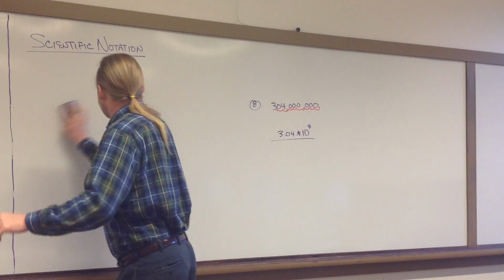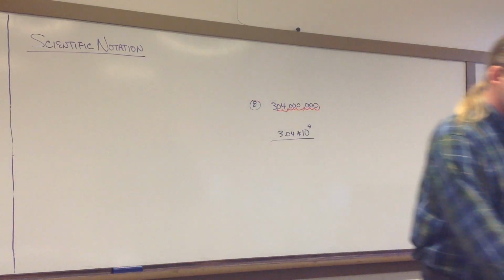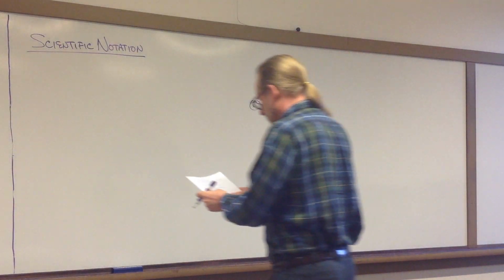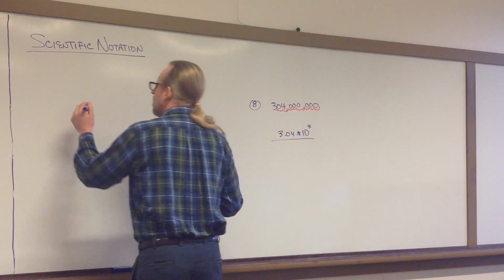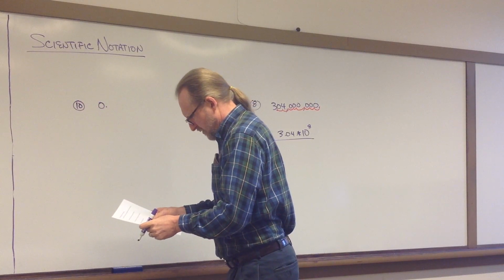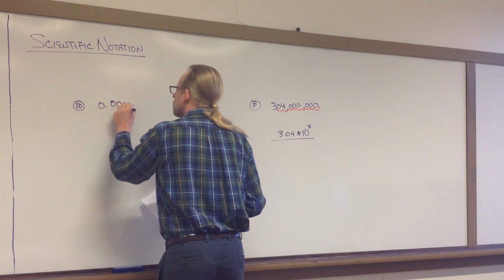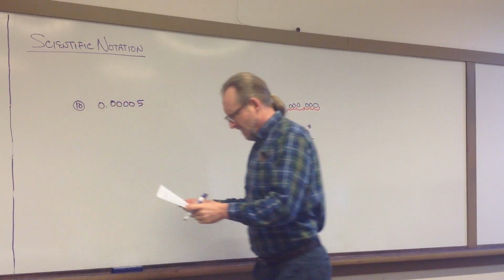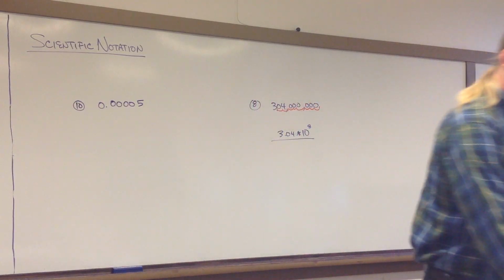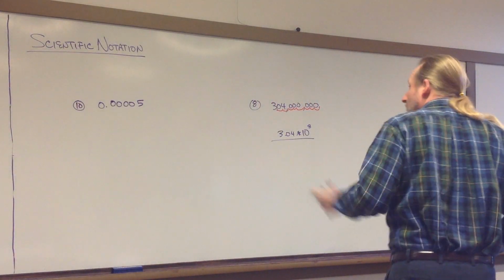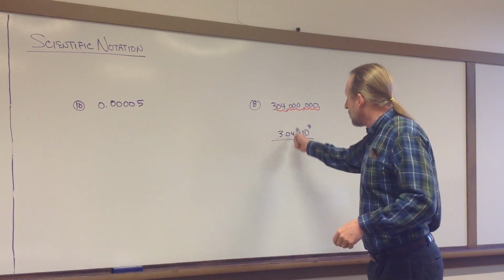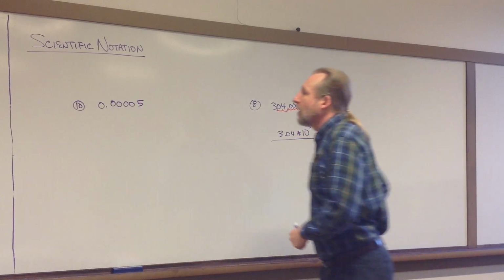Now let's look at a couple more. Problem 10 gives us a very small number. Let's see what we've got here. 1, 2, 3, 4 zeros, and then a 5. All right? So, again, we're going to count how many places we have to move that decimal point until we get a number that's between 1 and 10.